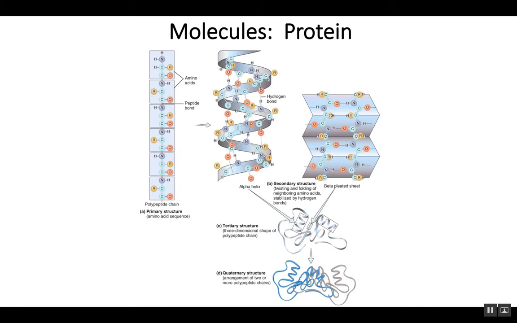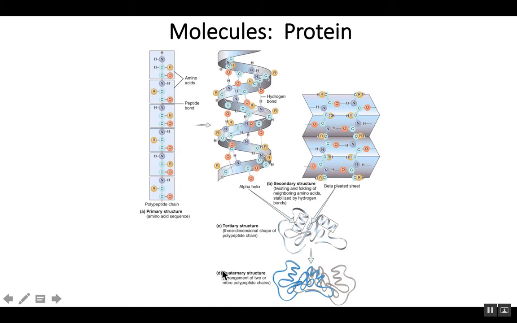One of the most important characteristics of a protein is that it must fold in order to function. So this is typically what we would call the primary structure. It's just what amino acids are bonded together. That amino acid chain then goes through a folding procedure, and there's a secondary, a tertiary, and a quaternary structure.